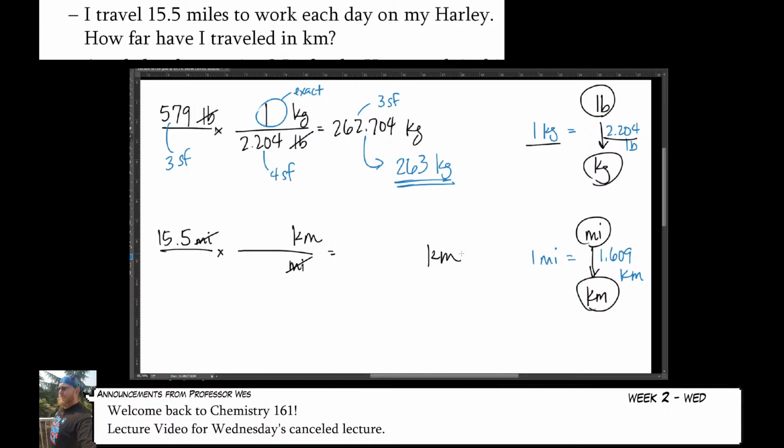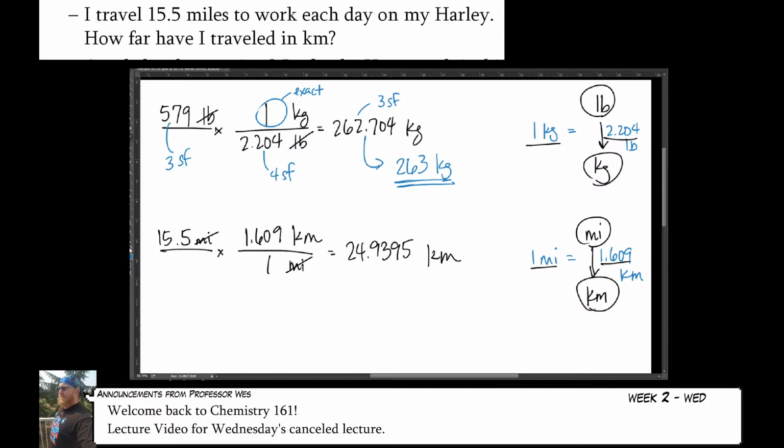I want an answer in kilometers, so we can run the numbers. 1 mile, 1.609 kilometers. Get your calculator ready. And I have 24.9395 is what it spits out.